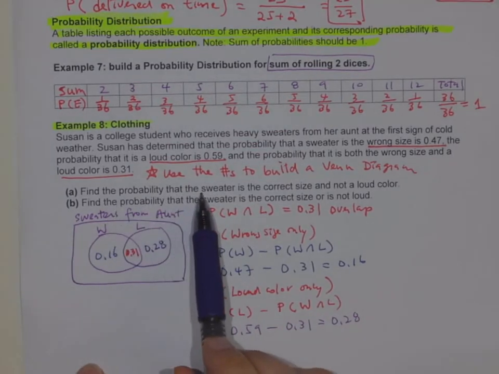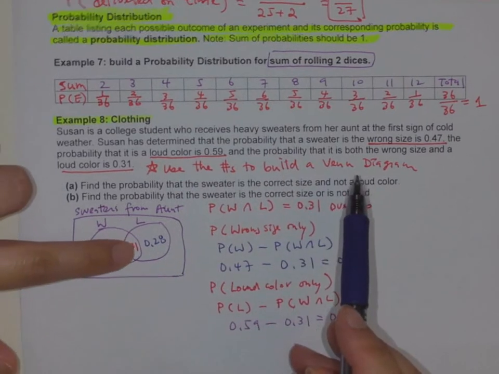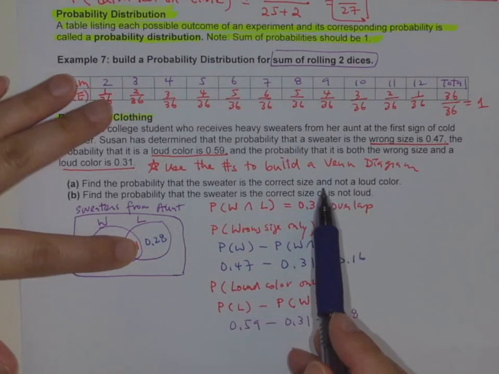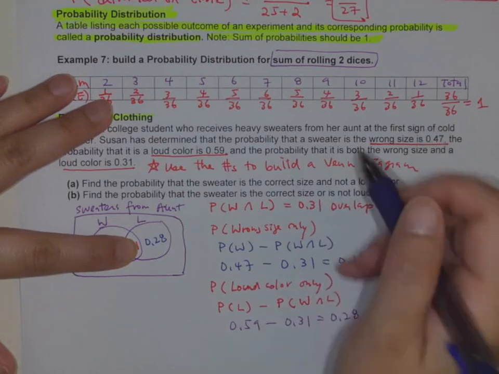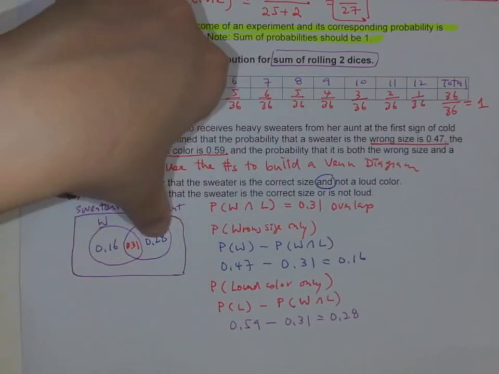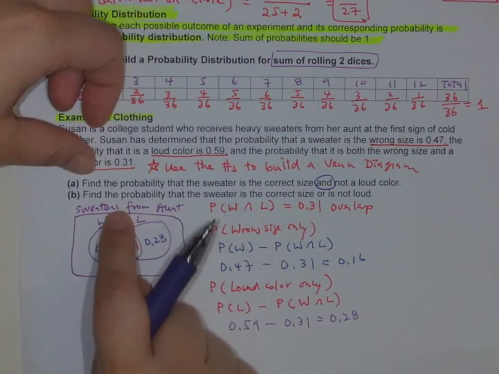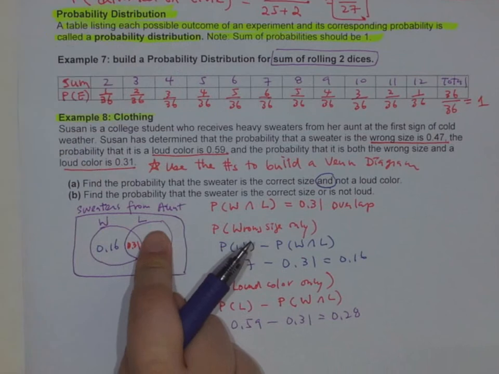Find the probability that the sweater is the correct size, so it's outside of the wrong size circle, right? And that means it needs to be both, not loud color. So the first question means what is the outside probability? Not wrong, not loud color.